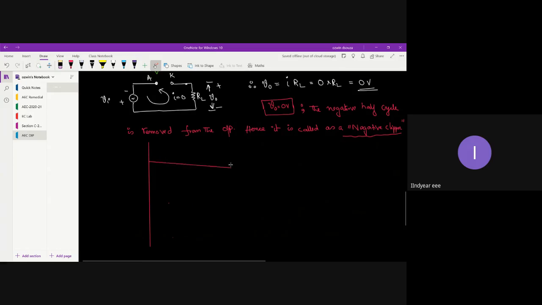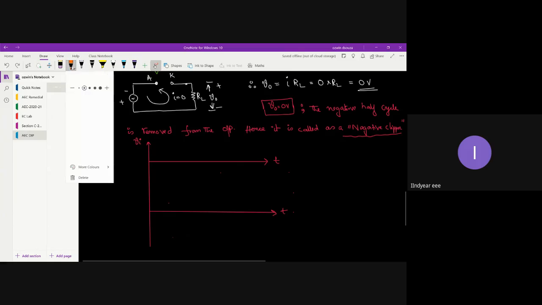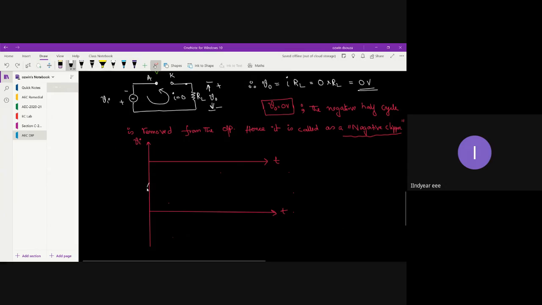Okay, this is my time axis for the input. And this is my time axis for the output. All right, so this is my input, and this is my output. Let me draw the input waveform.